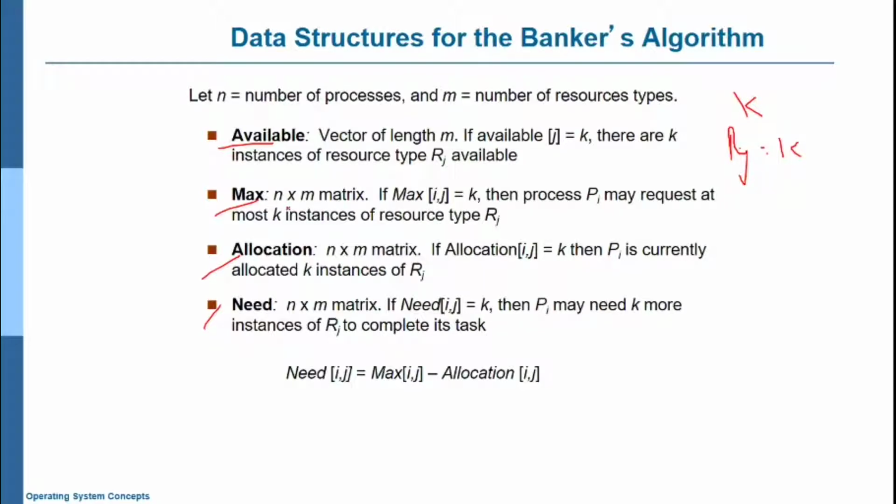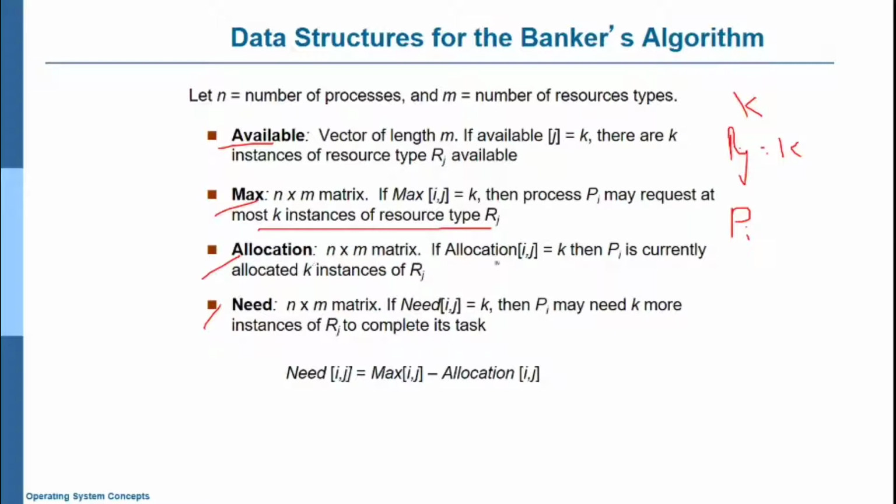Max is a two-dimensional matrix. If Max[i][j] equals k, then process Pi may request at most k instances of resource type Rj.